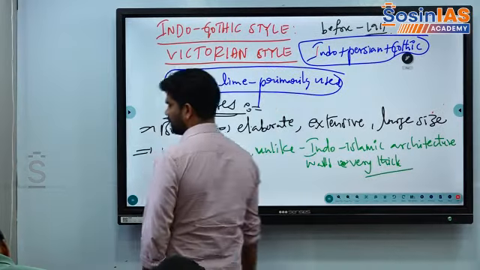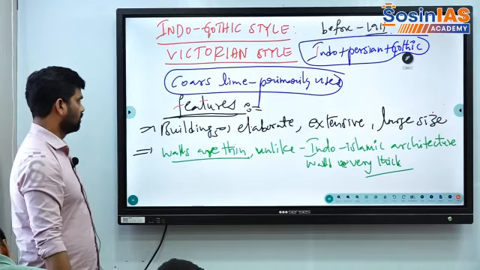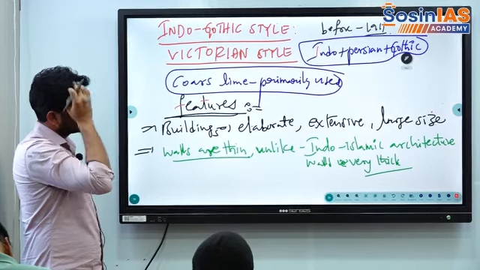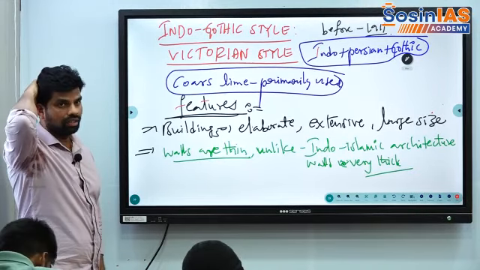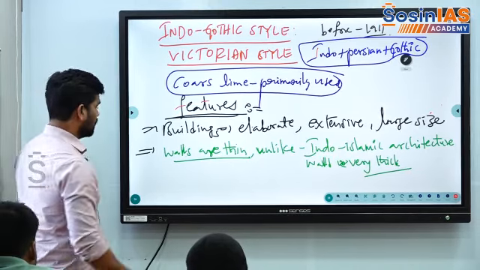The walls are very thin in Indo-Gothic style, unlike Indo-Islamic architecture, where you will see the large size of walls.